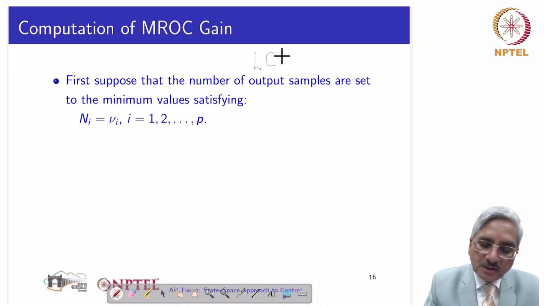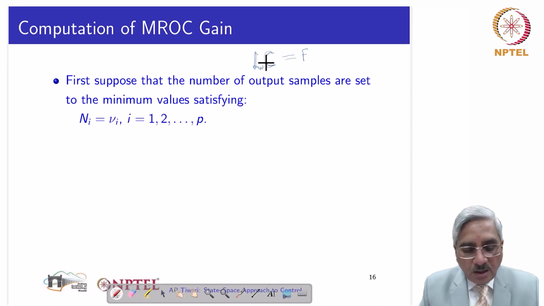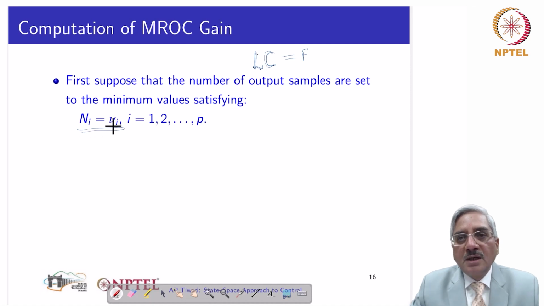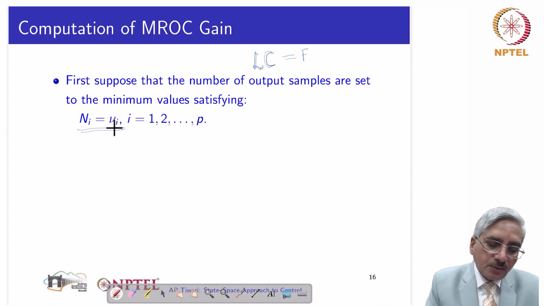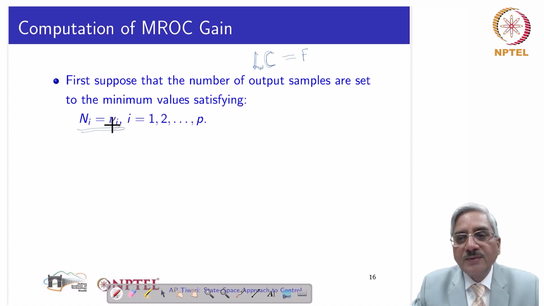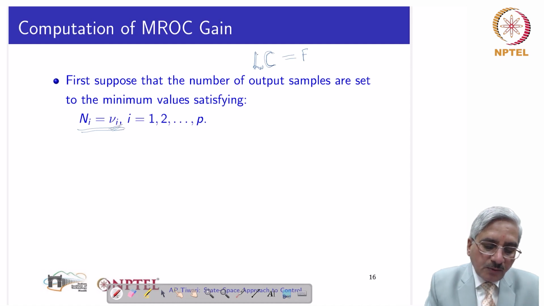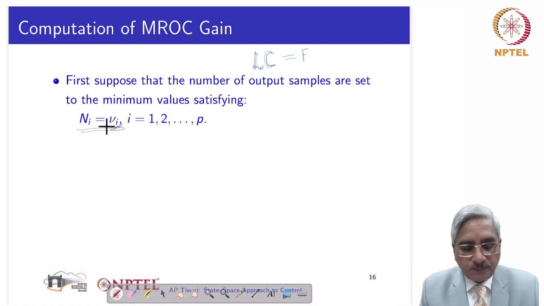Basically we are considering the equation LC equal to F, this bold L, bold C. So the first situation we are considering is that all outputs are exactly sampled such that N1 equal to ν1, the number of samples of output 1 taken during one interval T0 is exactly equal to the observability index of output 1, N2 equal to the observability index of output 2, and so on.